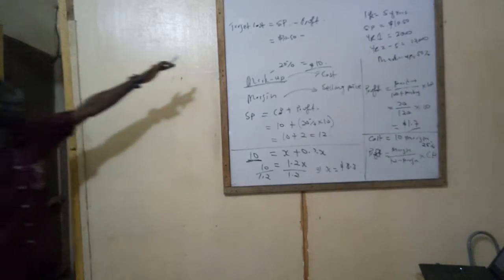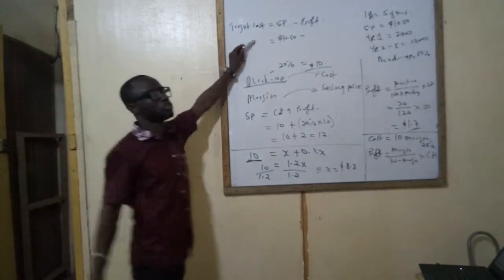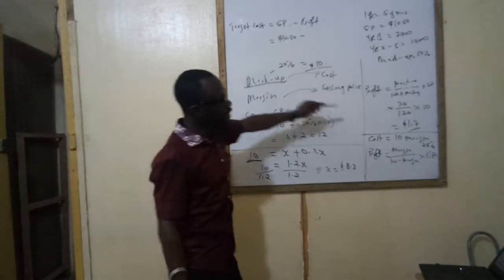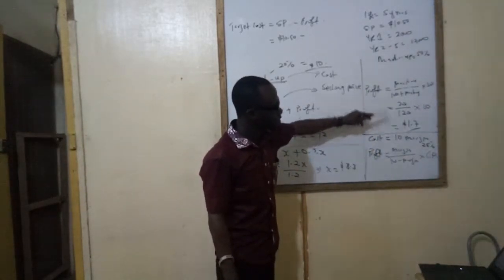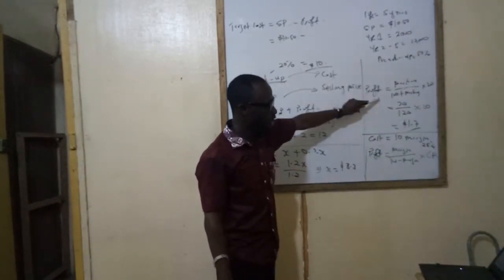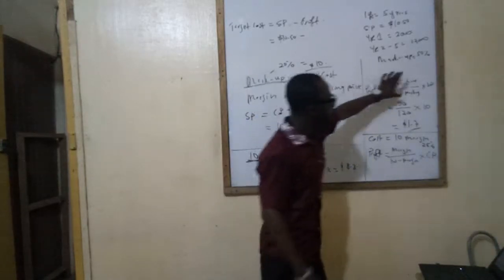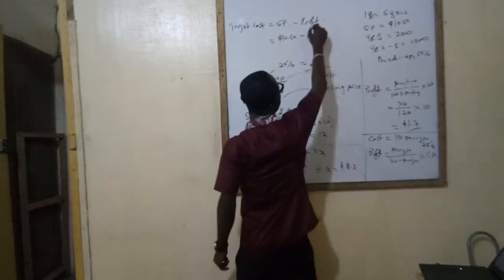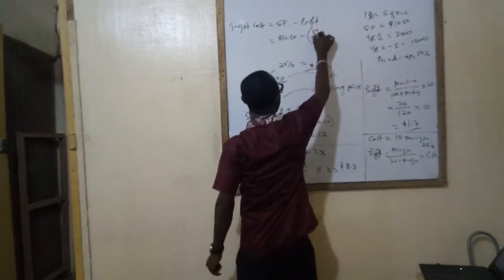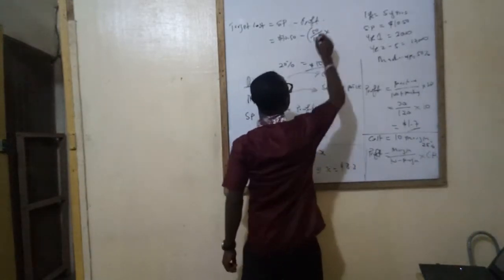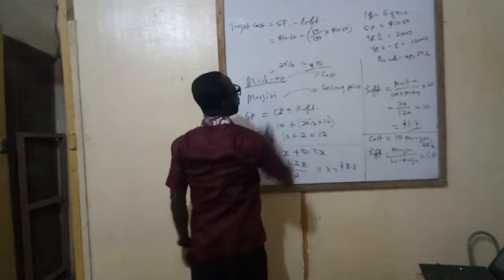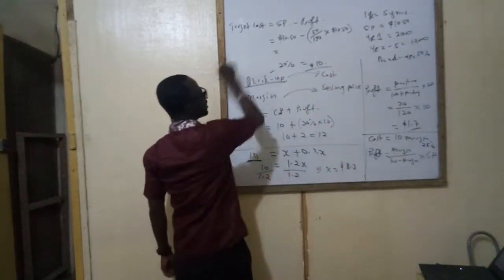How do we get a profit? Because we need a target cost. Which of the two do we go for? The first one. So when you go for the first one, it means your profit is going to be 50% over 150 times 10.5. So what will we have for the target cost?